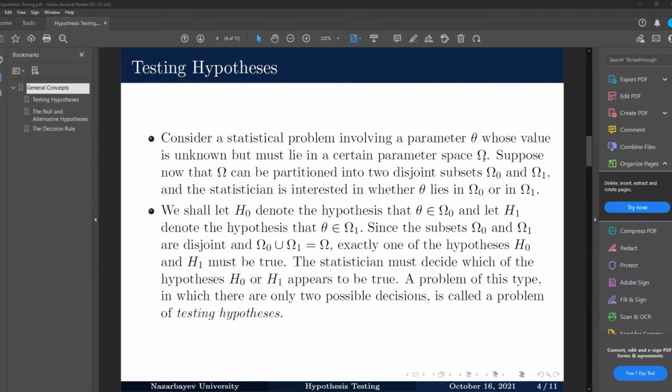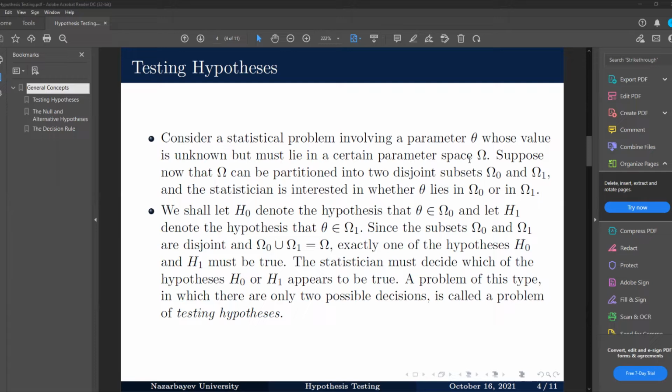And parameter space omega is a fancy name for all possible values of our parameter. Suppose now that omega can be partitioned into two disjoint subsets, omega 0 and omega 1.